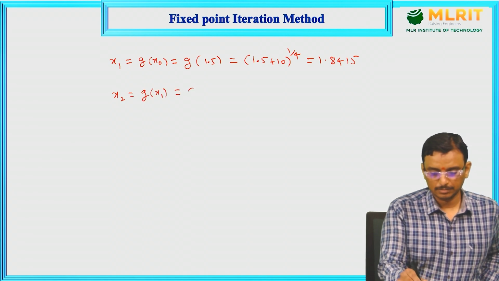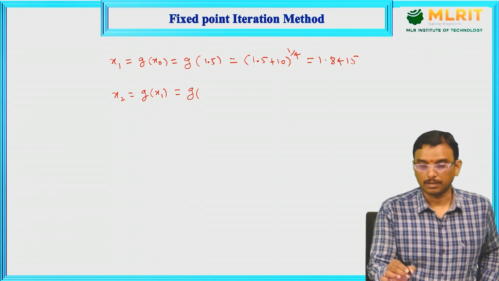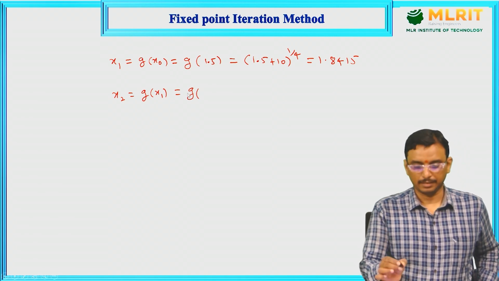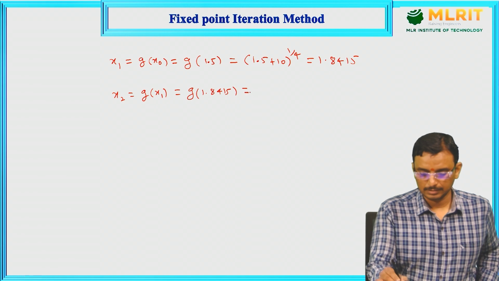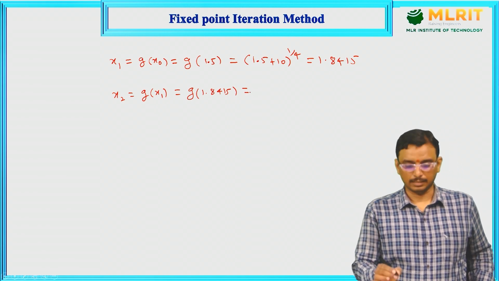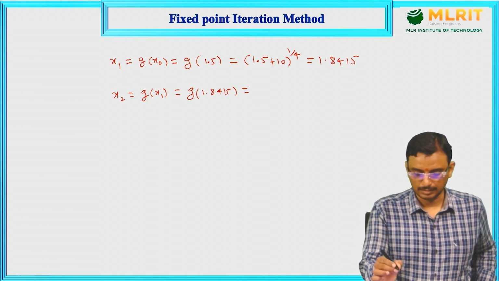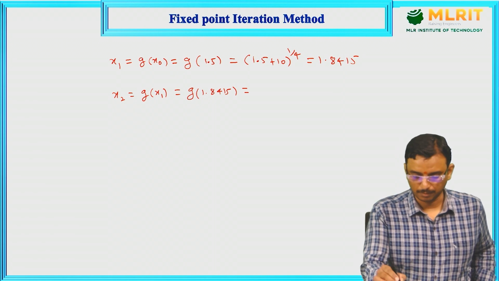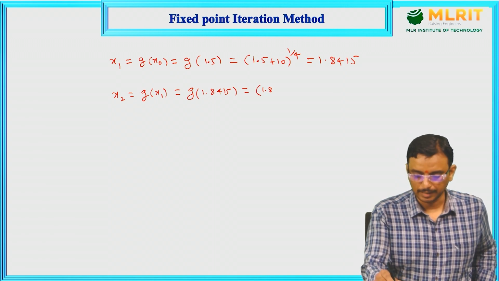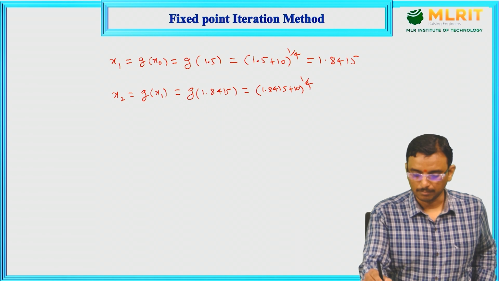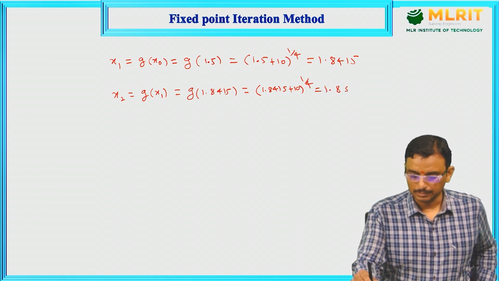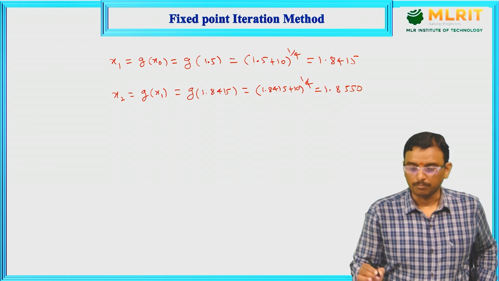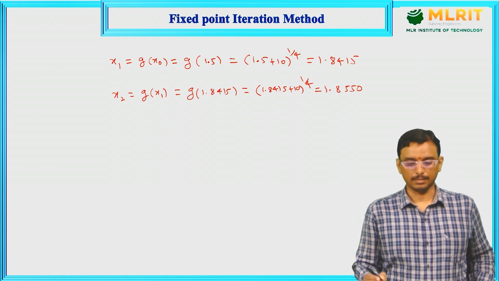Next approximation root, x2 is equal to g of x1. So this is equal to g of 1.8415. Substitute in the given function g of x, that is (x plus 10) whole to the power 1 by 4. So (1.8415 plus 10) whole to the power 1 by 4, and this value is equivalent to 1.8550.